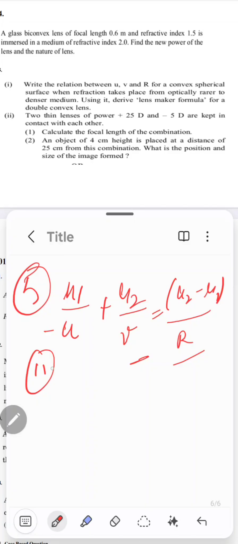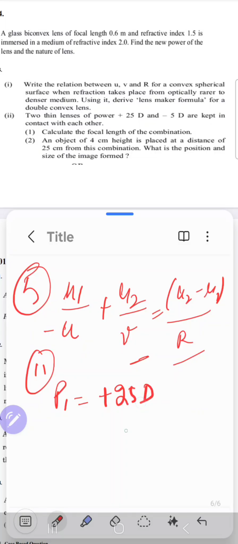Second part is two thin lenses of power plus 25D and minus 5D. So here powers are given as 25 diopter and second power is minus 5 diopter, are kept in contact with each other. Calculate the focal length of the combination.